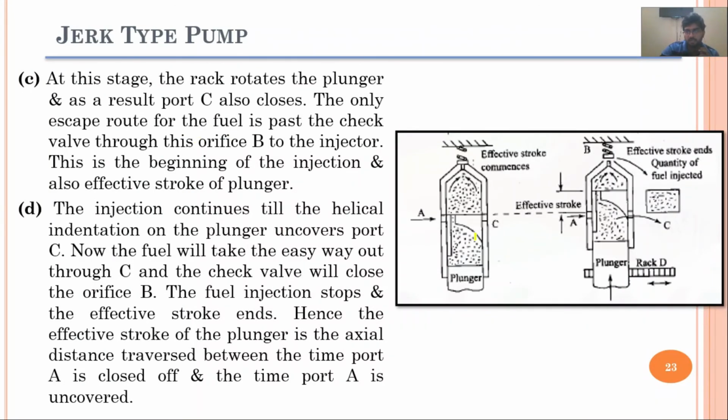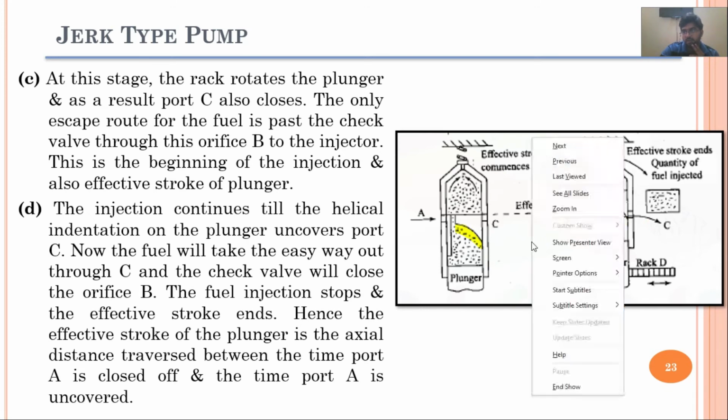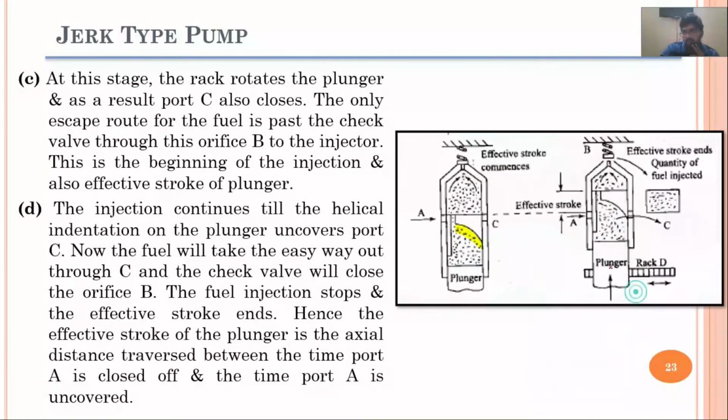Now in this arrangement you can see that we have rotated the rack mechanism, and now this helical indentation, this spill port will be exposed after some duration, after quite some time. Here you can see that the effective stroke is also mentioned.